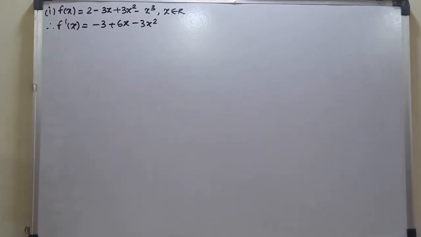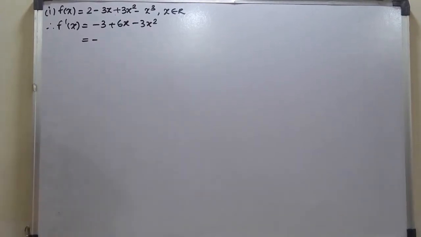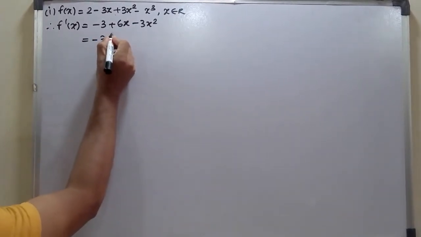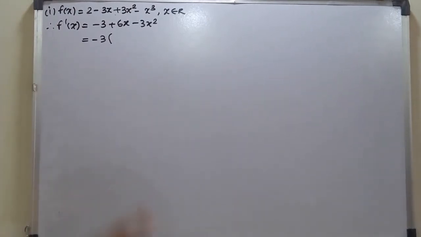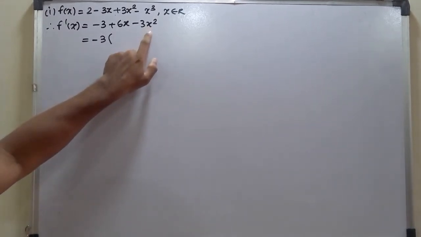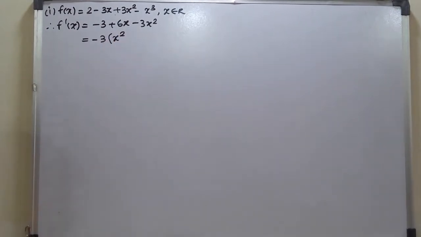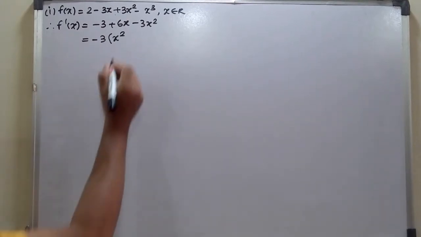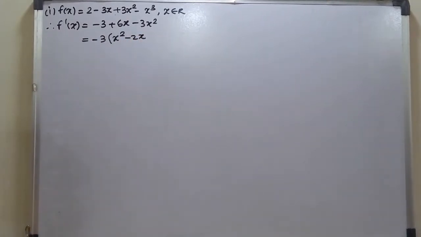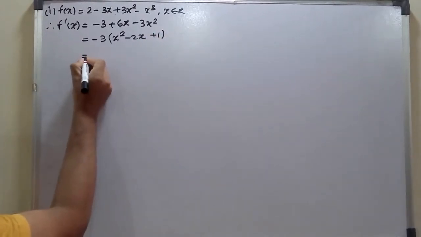The ideal thing is to take the minus sign common outside, and what else is common is 3. So I arrange it in descending order of powers. Minus 3 has come out, so this will become x square. Minus is outside, so it becomes minus 2x, and this minus 3 has come out, so it is plus 1.